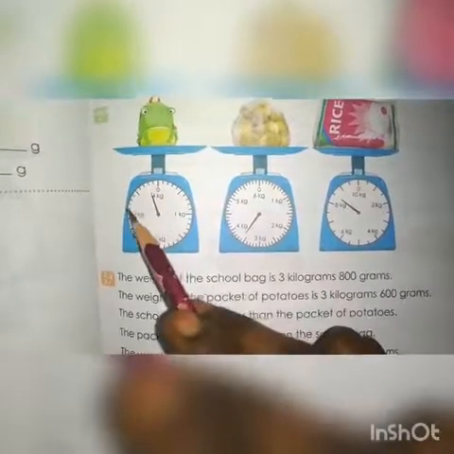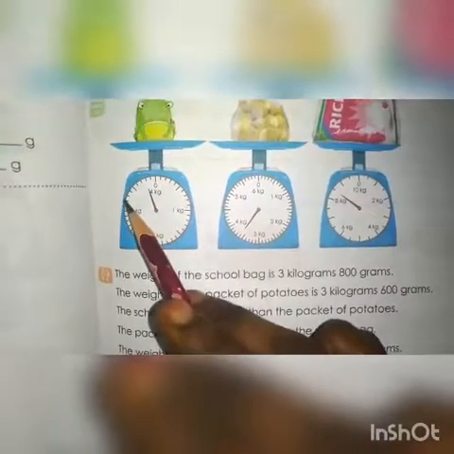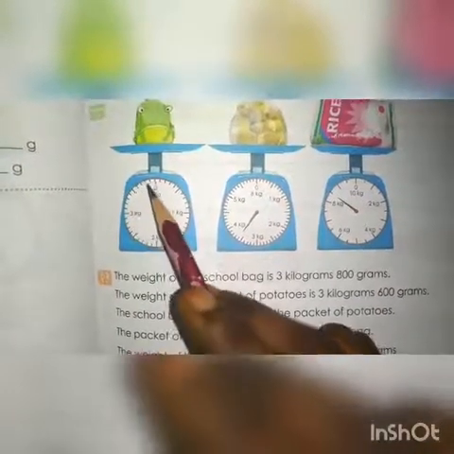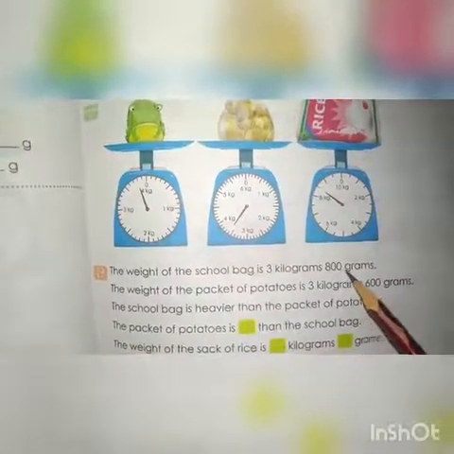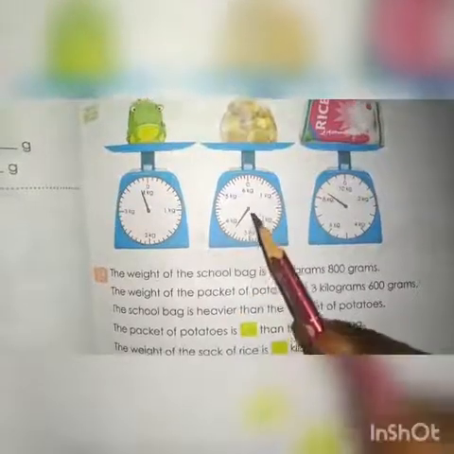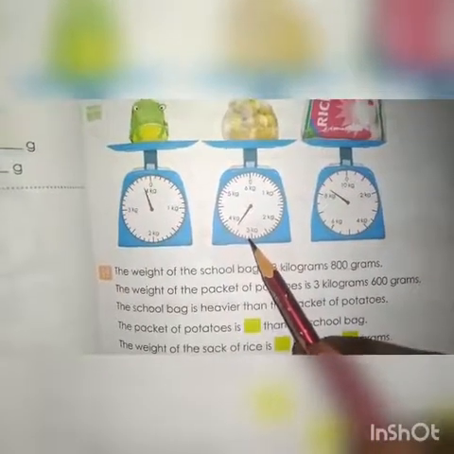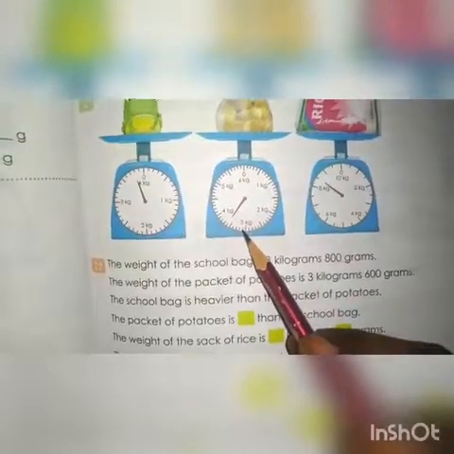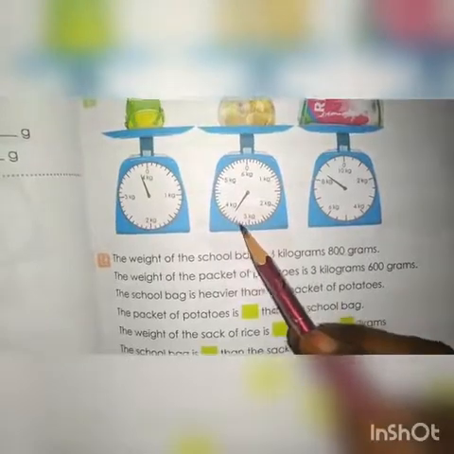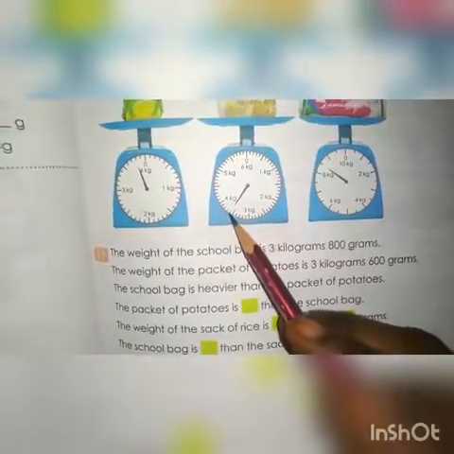After 3, we have to count each line as 100 gram. 100, 200, 300, 400, 500, 600, 700, 800. So 3 kg 800 gram it is given already. Next, packet of potatoes. What is given here? 3 kg. Each line represents 100 gram. 100, 200, 300, 400, 500, 600. So the weight of the packet of potatoes is 3 kg 600 grams.